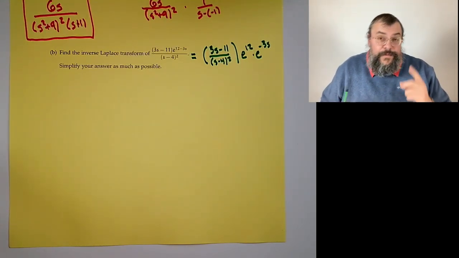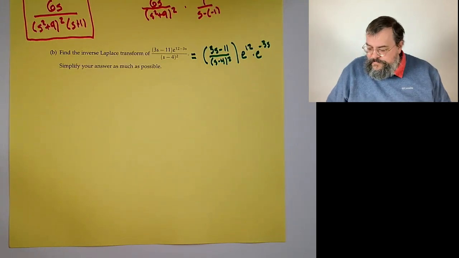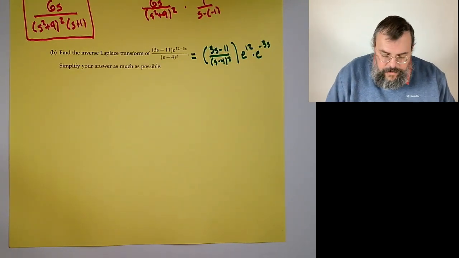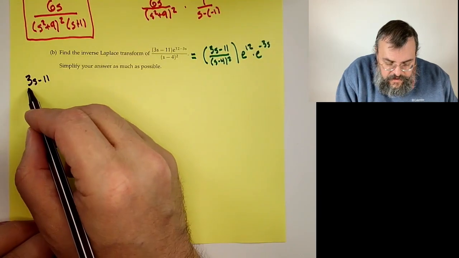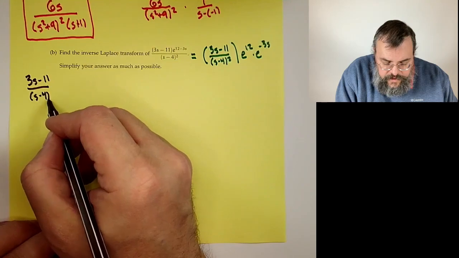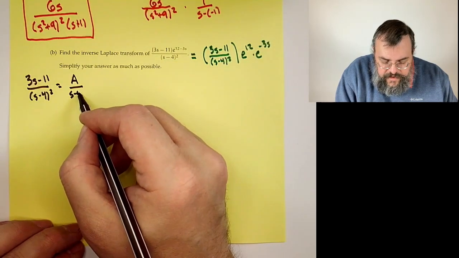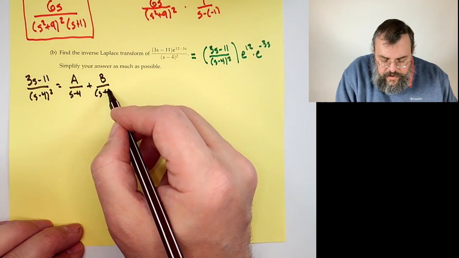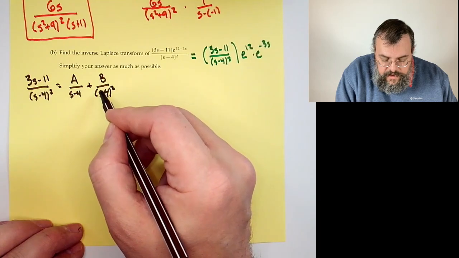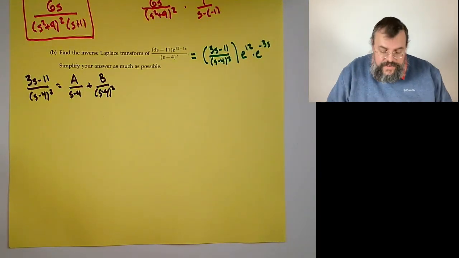All right, so first things first, partial fraction decomposition. Okay, so we have (3s minus 11) over (s minus 4) squared. Well, that's something over s minus 4 plus something over (s minus 4) squared, right? You work your way up. Clear your denominators.